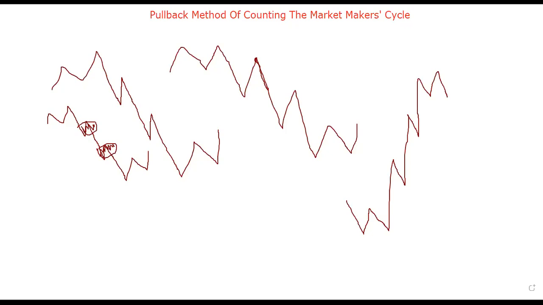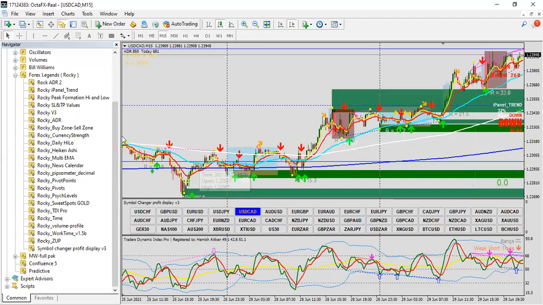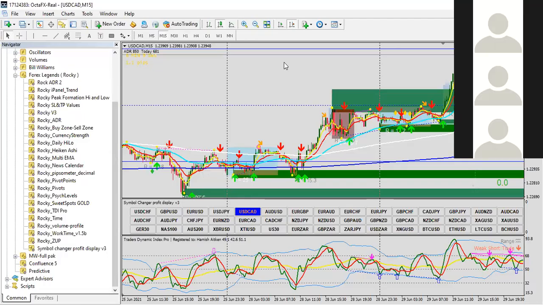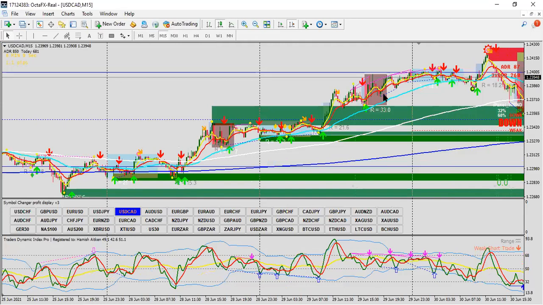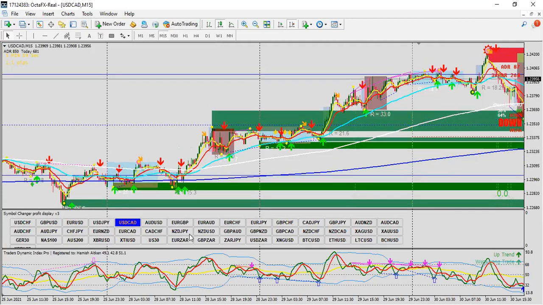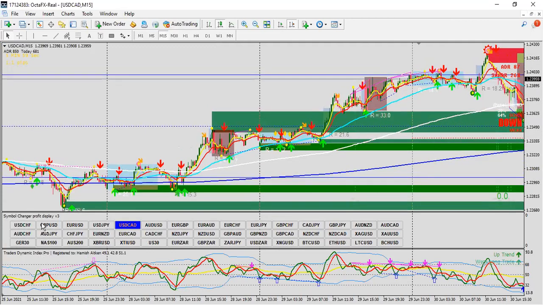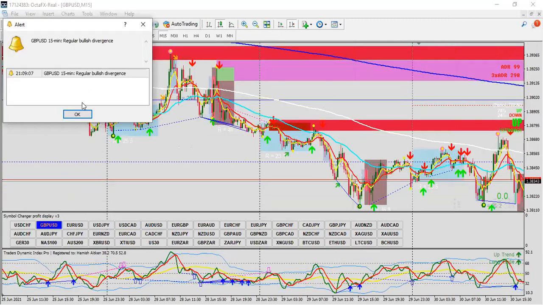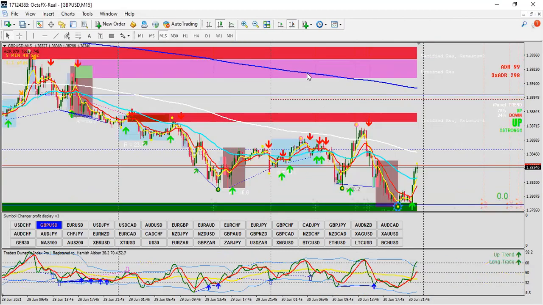Now let us go to our screen to view this, in our chart. Let's go to CST. So yesterday our market was around this area.